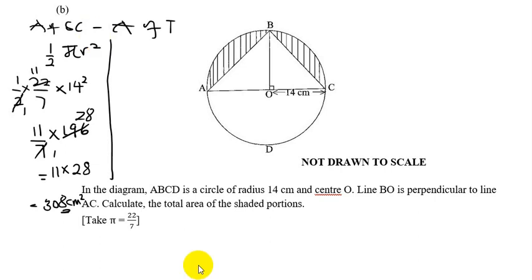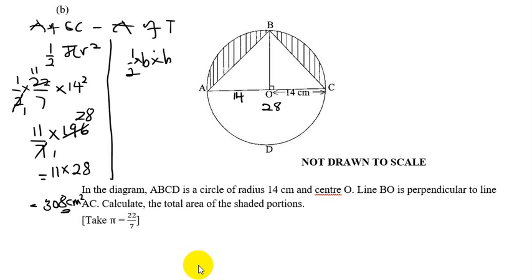Now from there we'll find the area of a triangle. Area of a triangle, we know, is half base times height. Now the base, we were given one side of the base to be 14. Since it's a radius, this side is automatically also 14. So the full base will be 28.